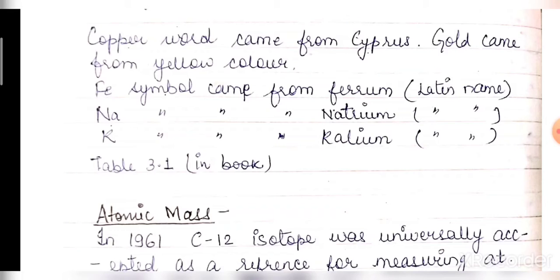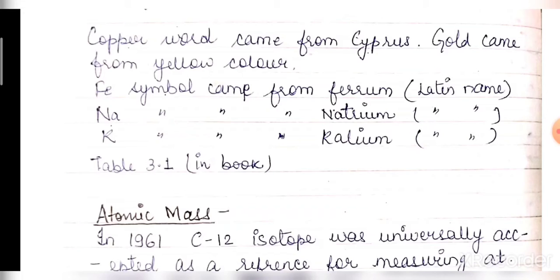For example, copper, carbon, cobalt all have the letter C as the first letter. Manganese, magnesium, molybdenum all have M as the first letter.